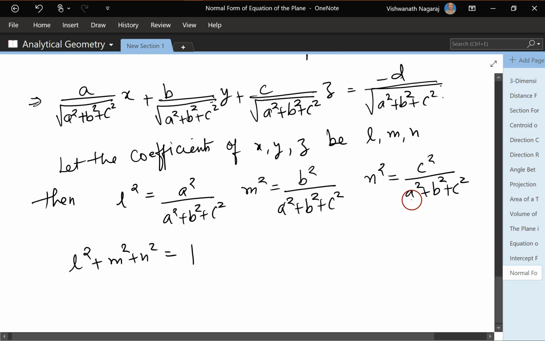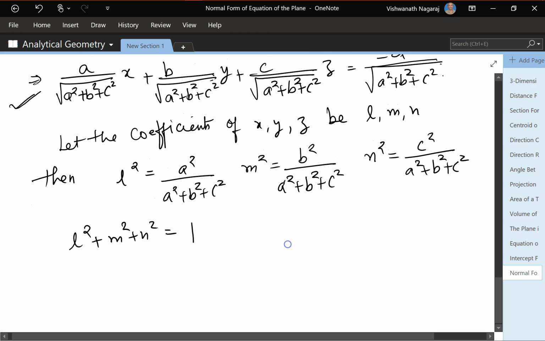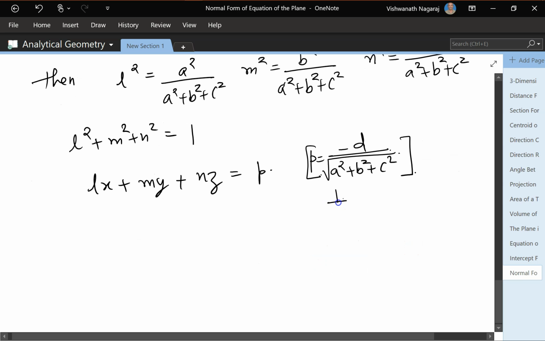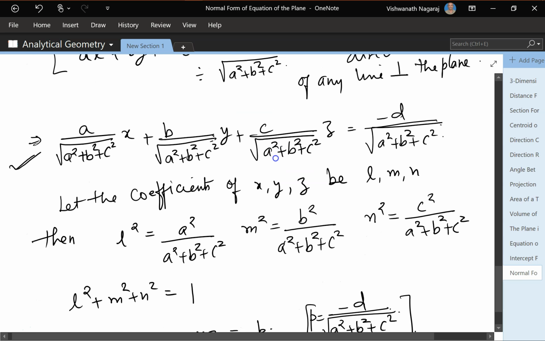The common denominator is a square plus b square plus c square for all of them, so it's just a question of adding up the numerators. The above equation becomes lx plus my plus nz equal to minus d by the square root of a square plus b square plus c square, which is p, the perpendicular distance from the origin. We can look at it like this, or we can also look at it another way.